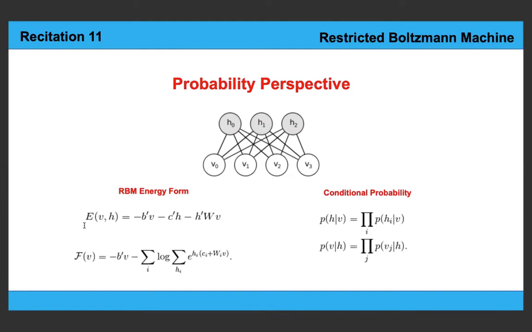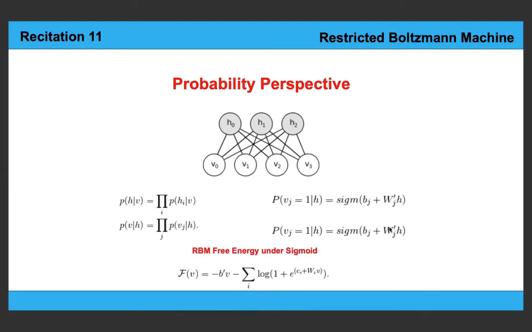And because of the specific structure of RBMs, visible and hidden units are conditionally independent given one another, which is without the connections between visible nodes and hidden nodes. So using this property, we can write the functions into independent conditional probability forms. So given v, these are conditionally independent, so we can write it as a multiplication between the conditional probabilities.